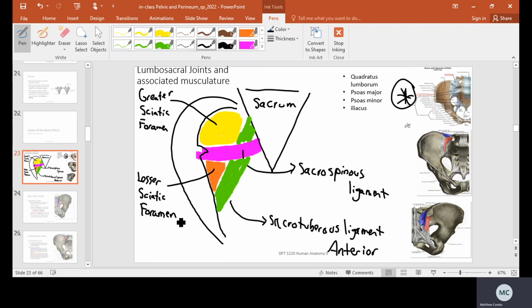My borders are going to be obviously the inside of the pelvic ring, sacrospinous ligament, tiny bit of sacrotuberous ligament. My greater sciatic notch is going to be superior to the sacrospinous ligament. Lesser sciatic foramen is going to be inferior to the sacrospinous ligament. Okay? So that's going to become very important when we start talking about contents that are going to be exiting at each of those.